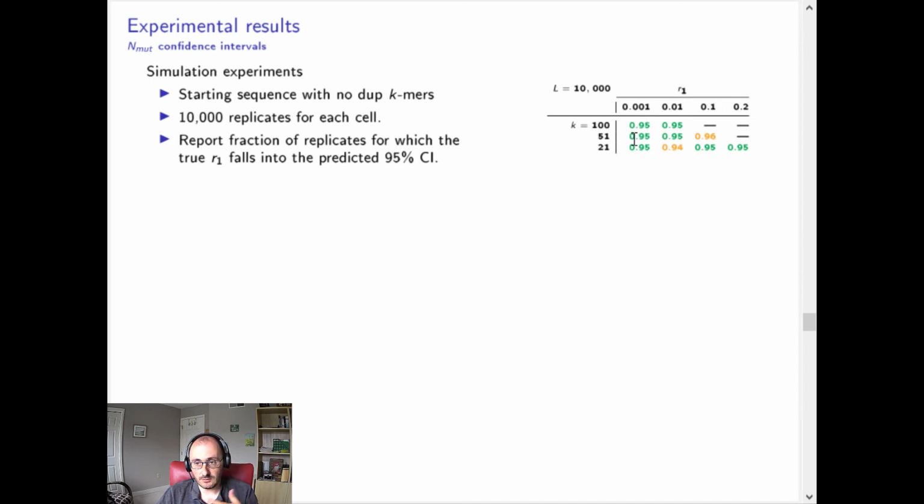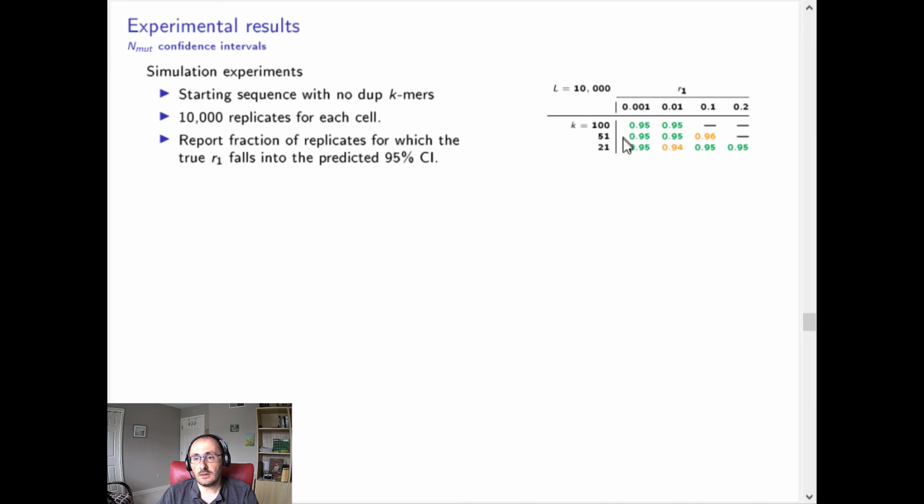We ran the simulation model with the given R1. We observed the nmut. We used our theorem to predict R1. And then we measured whether the true R1 falls into our predicted 95% confidence interval.